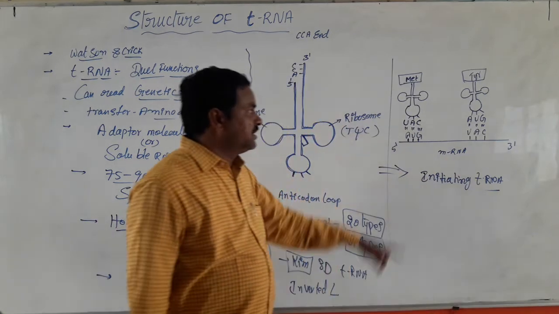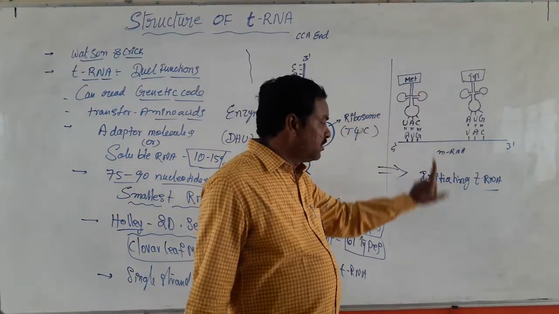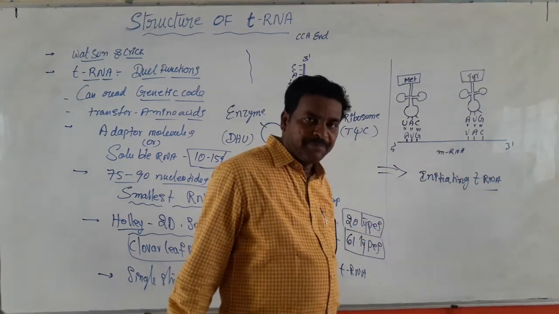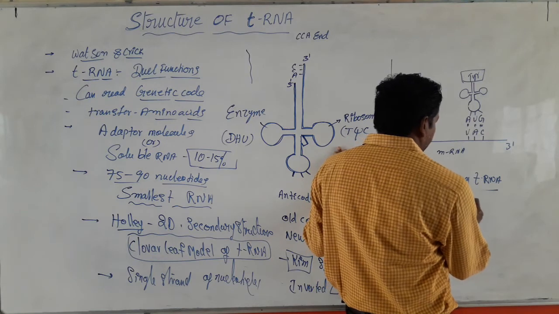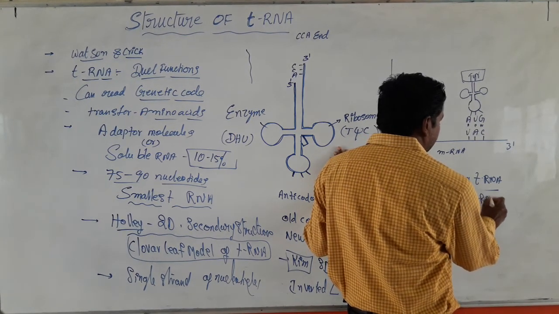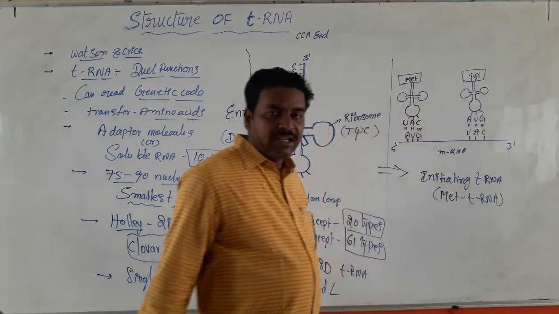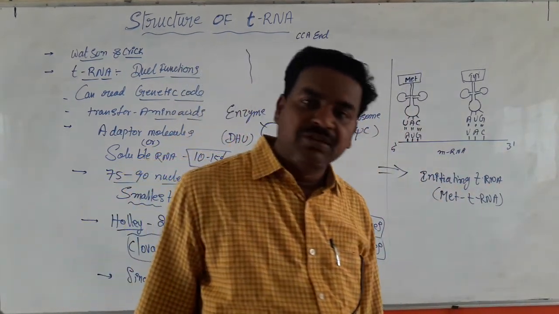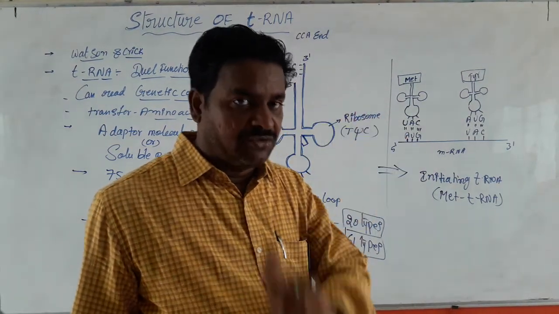The first tRNA that carries the first amino acid methionine is called initiating tRNA. It is also called methionine tRNA because it carries the first amino acid methionine and is responsible for the transfer of the amino acid of the first codon.